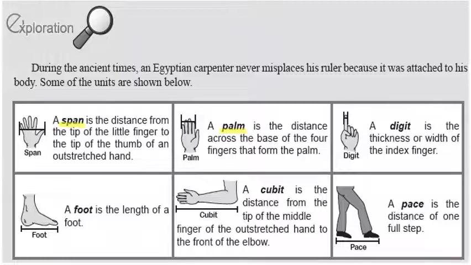A pace is the distance of one full step. So, when you take one step, class, that is 1 pace. So, did you understand what the first people used to measure when they had no rulers? Their body parts. Okay?